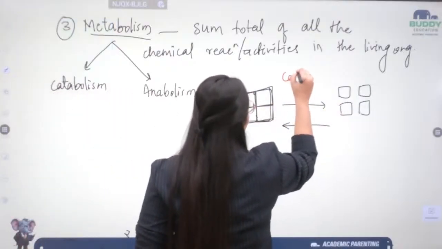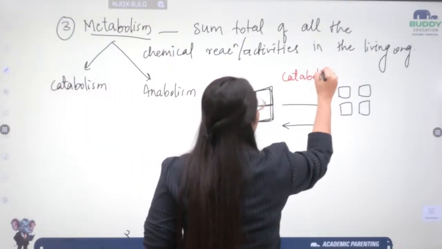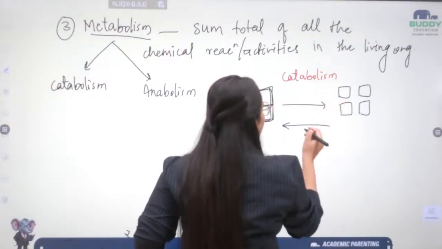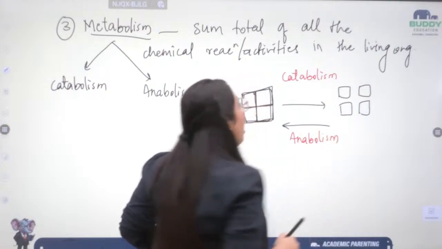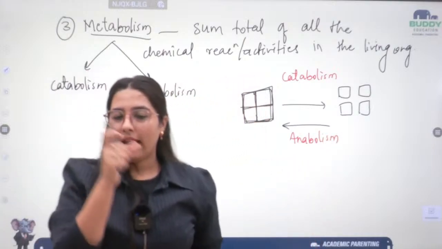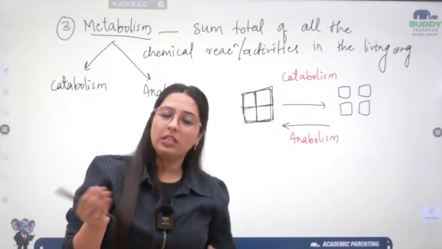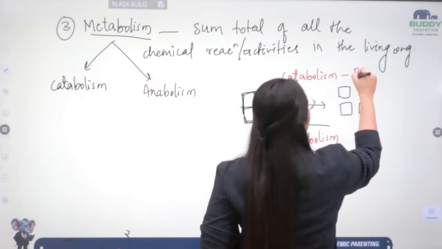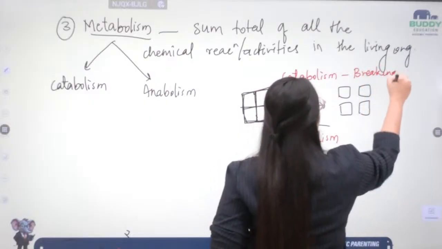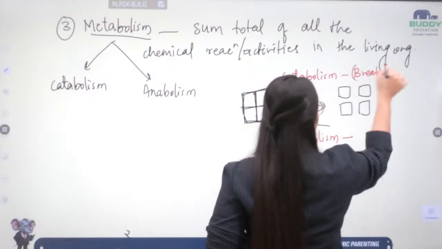So the breaking down process is catabolism, and when I am forming is anabolism. How to remember this? CB. Catabolism, breaking down. Anabolism, constructive process. So catabolism is basically a breaking process or the breaking bond process, and this is basically a constructive process.